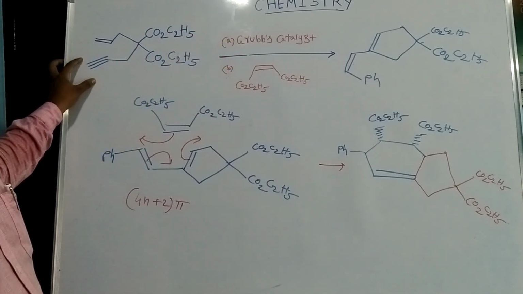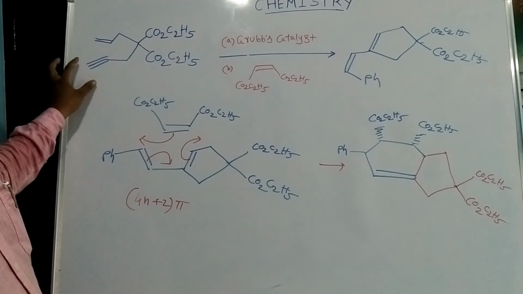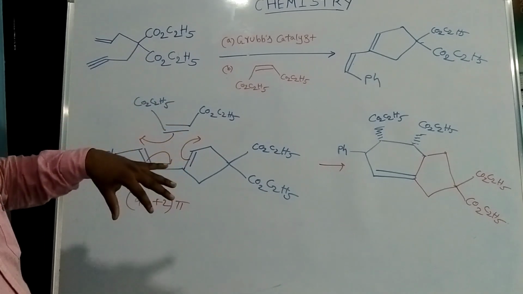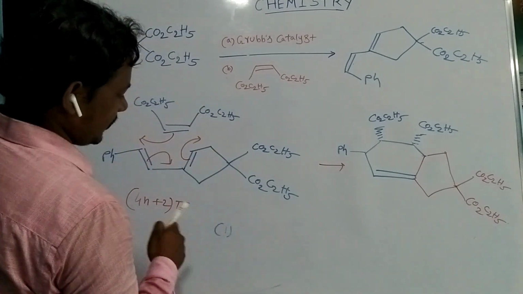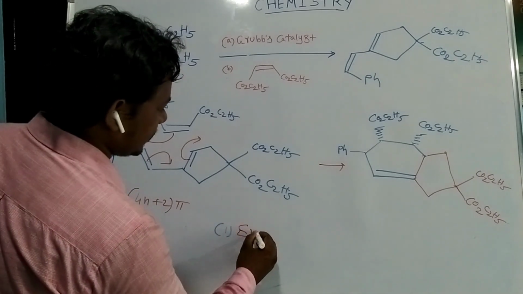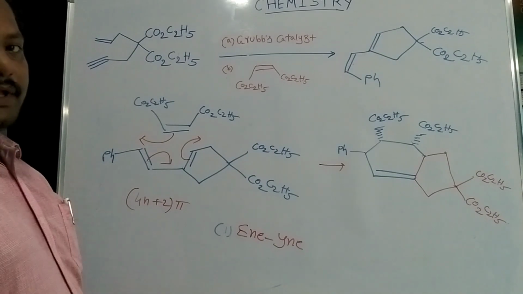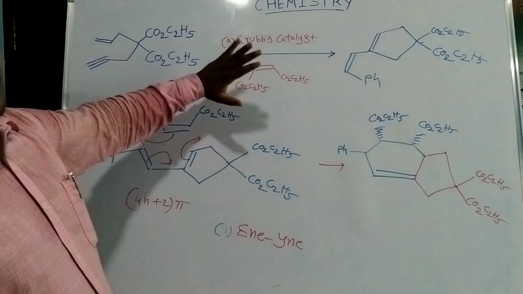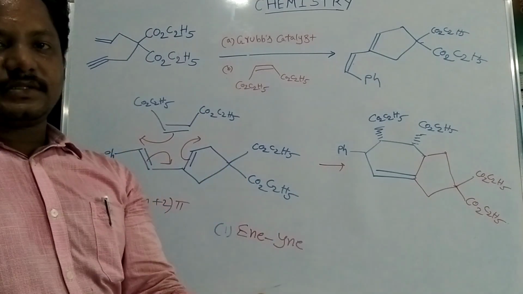What is this name? It is metathesis. What is this name? Enyne metathesis. Enyne metathesis is nothing but what is going to form? First is enyne metathesis, ene-yne metathesis. Simply, if Grubbs catalyst reacts with only a double bond, it is simply called olefin metathesis.